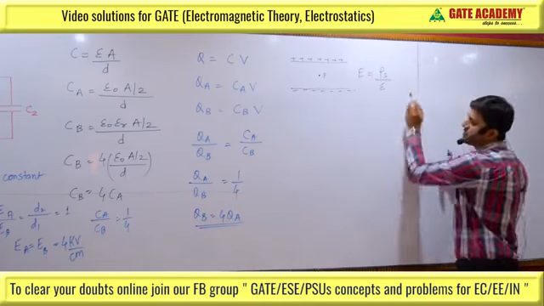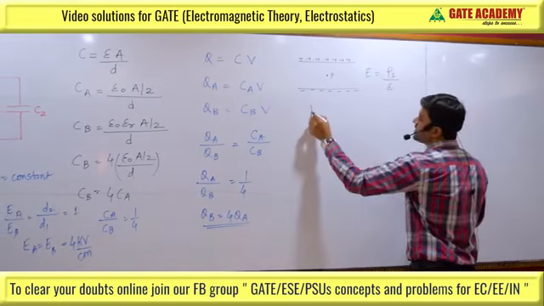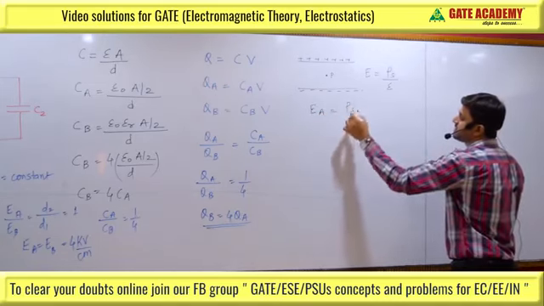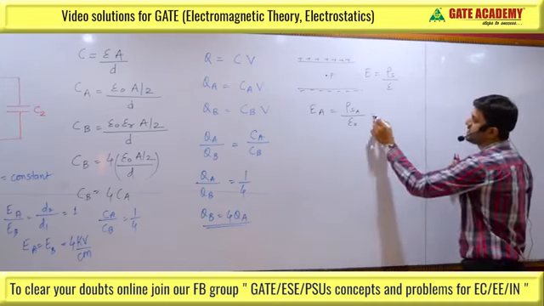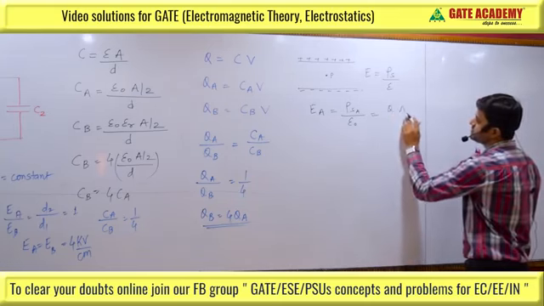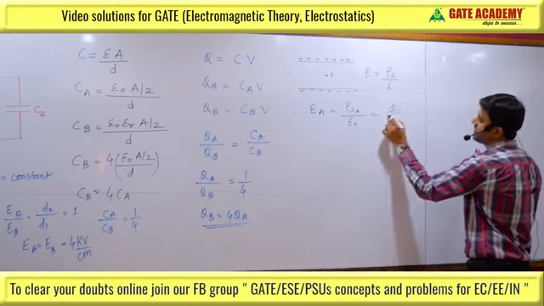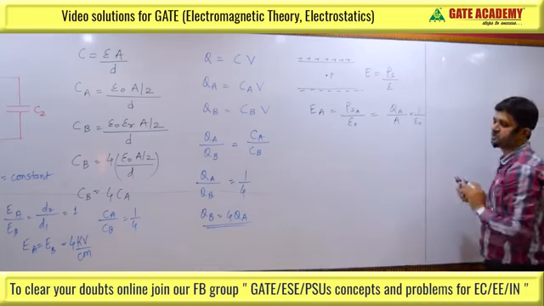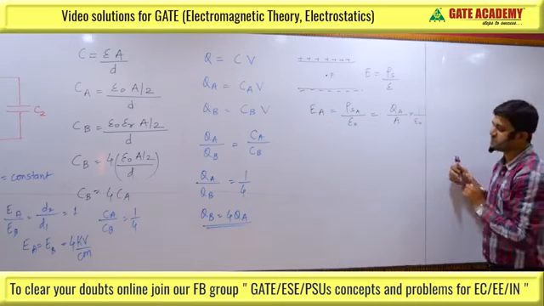So the charge stored is given by surface charge density and the dielectric constant. So for region A, which is air, this is rho s A divided by epsilon naught, and rho s is given by Q by A, means charge divided by area into 1 upon epsilon naught. This is the electric field strength for region A, which is given to us.